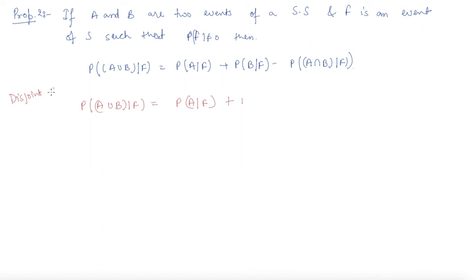In the case of disjoint sets, this quantity will be 0, so we are left with only this quantity. And by the distributive law, as you all know, P(A union B) is P(A) plus P(B) minus P(A intersection B). So by using this identity, I can prove this.